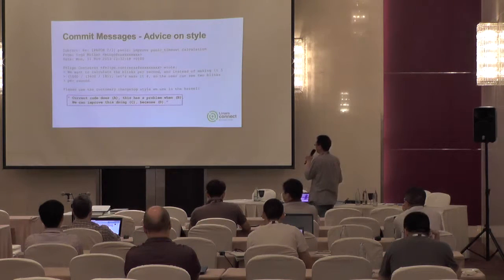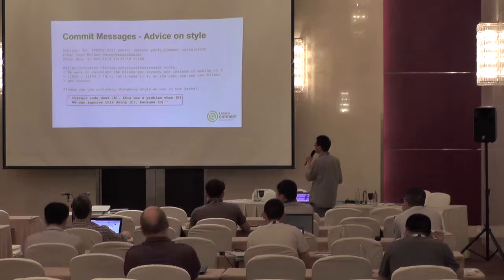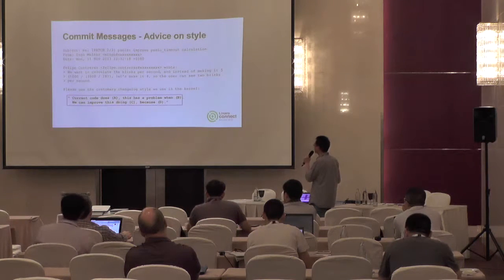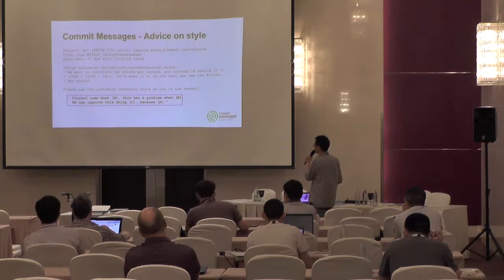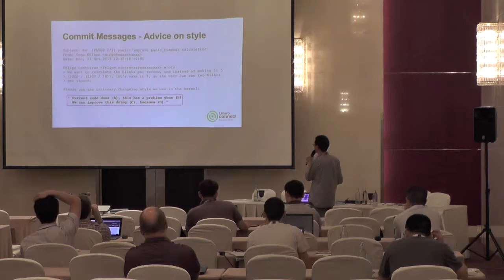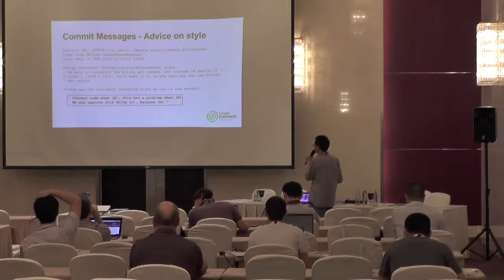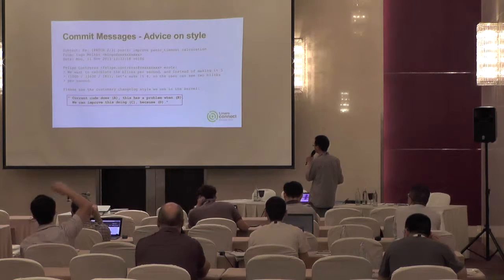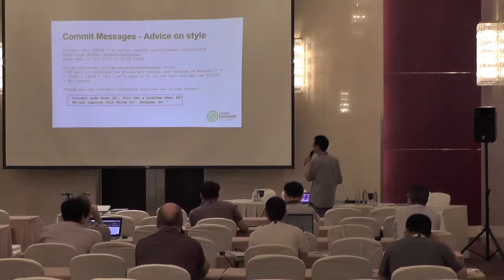So here is advice on style for commit messages. Here is one example, where the author wrote this patch because we want to calculate the blinks per second, and instead of making it 5, let's make it 4, so the user can see 2 blinks per second.